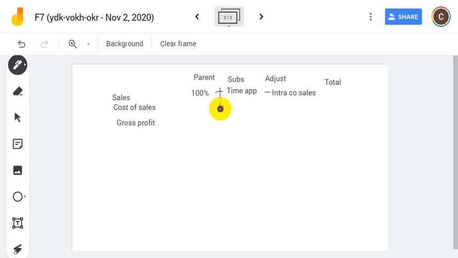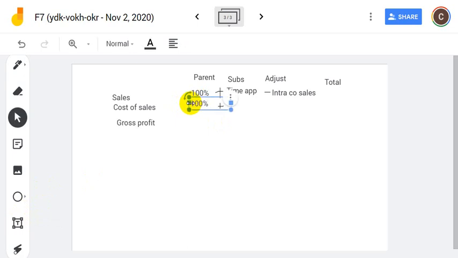Then you go to the cost of sales. Again, you get 100% for the parent. You time apportion for the subsidiary.